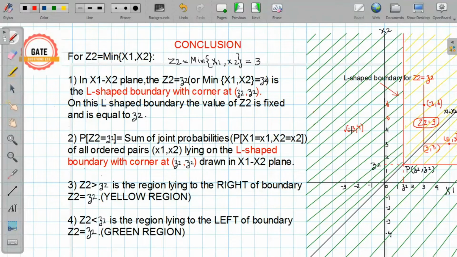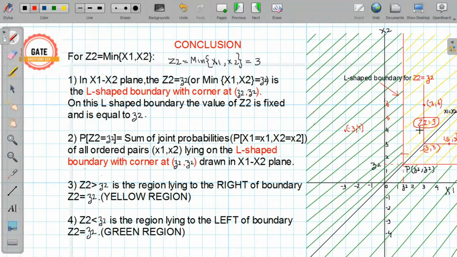The minimum among these is -3, so Z2 is -3 at this point. Similarly, you can take all other points anywhere in the x1 x2 plane, and you can observe that there are no other points where Z2 is 3. The points lying on this boundary that I have drawn are the only points in the x1 x2 plane where Z2 is 3.